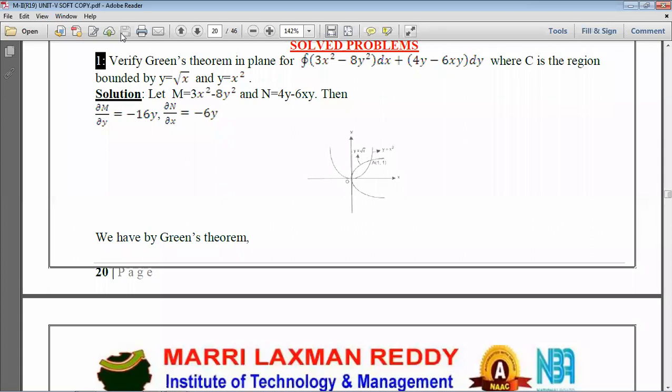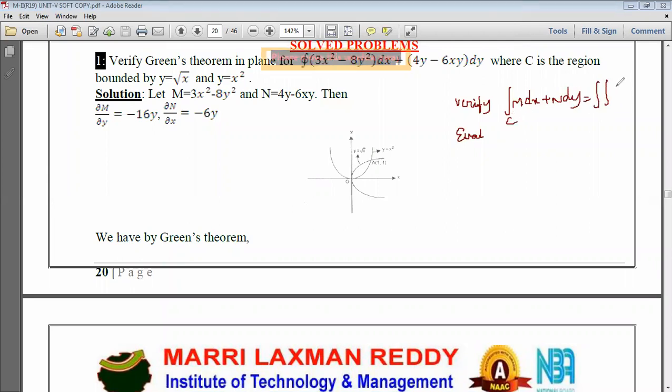Here there are two models: one is verify, another one is evaluate. Verify means you need to show that LHS is equal to RHS, that is, the integral of M dx plus N dy over the curve C is equal to the double integral of dou N by dou x minus dou M by dou y dx dy. You need to show that both are equal.